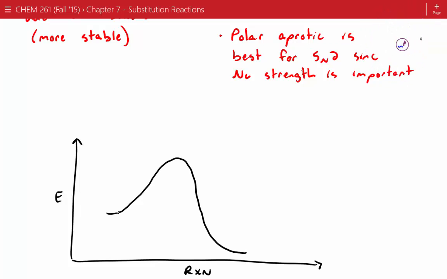With the polar aprotic solvent, essentially what we're doing is we are destabilizing the starting energy of our nucleophile, right? It's less stable, and it's still going to go through a pretty similar transition state, but we're going to go down here. Let me clean this up a bit.